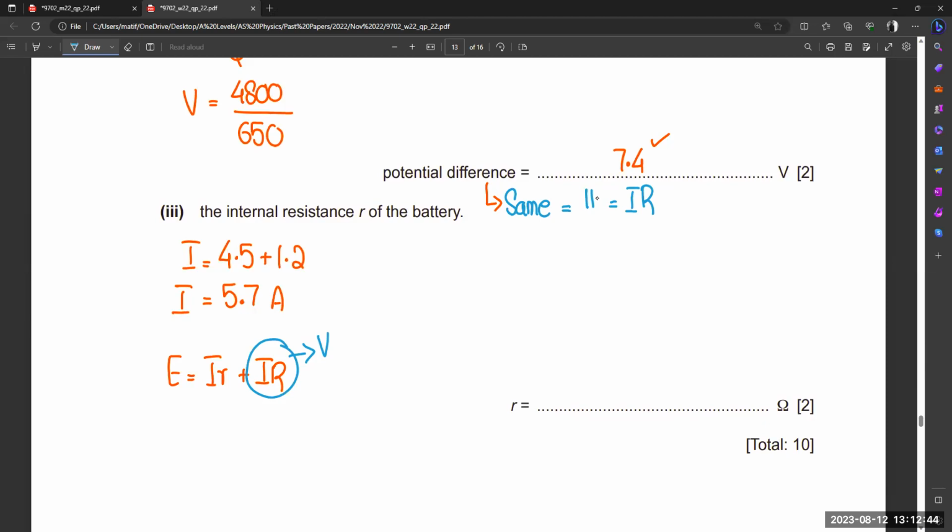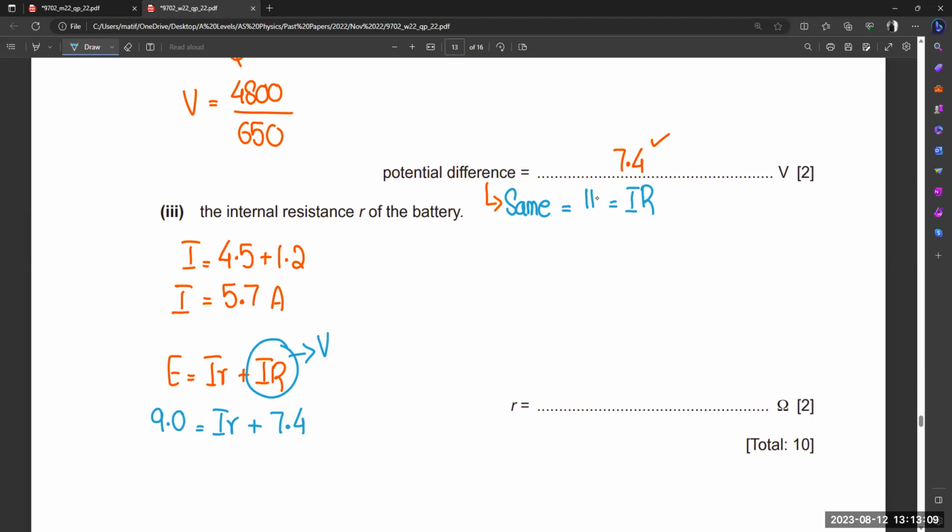So this final equation will actually be equal to 9.0, the total EMF, equals I into r plus 7.4, right? Now it is very simple, because the question is of only 2 marks, so we don't need to solve again and again or by using two or three equations.